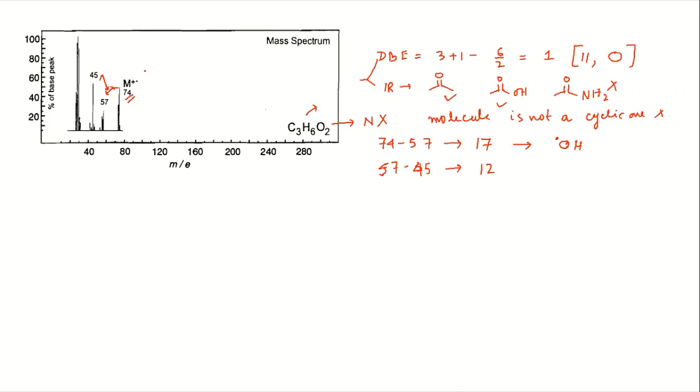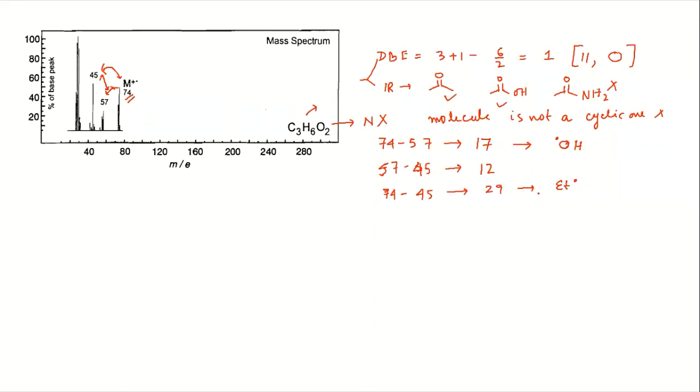So what you have to do immediately is subtract that too. So 74 minus 45, how much is it? 29. Right? So it is an ethyl radical.